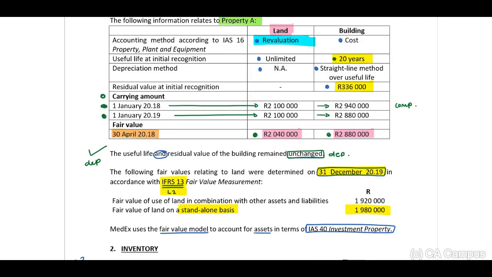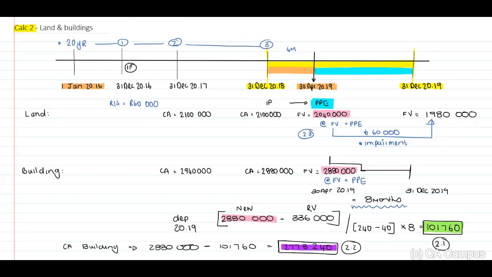And they've indicated to us that there were a previous 60,000 in our OCI. Therefore, we need to identify that we can use that 60,000 and we can allocate. We have to. We don't have a choice, guys. We first have to allocate this revaluation surplus to that 60,000 in our OCI.